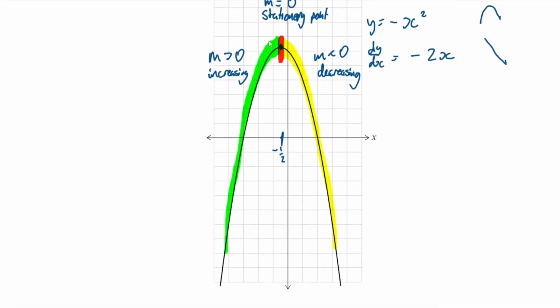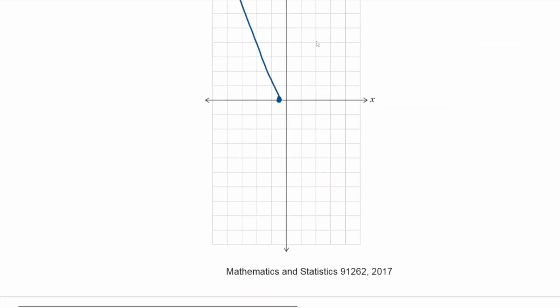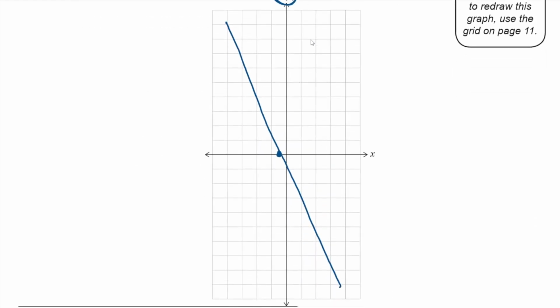Now everything to the right of the turning point, the gradient is negative. So again, on our graph, that should be below the x-axis. So positive gradient, 0 gradient, negative gradient.